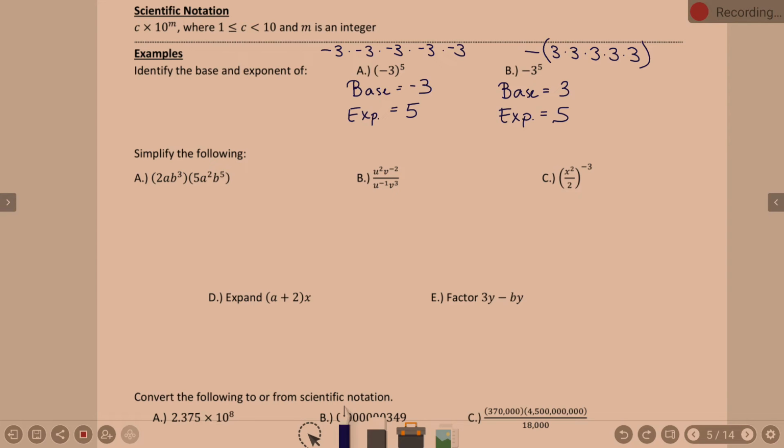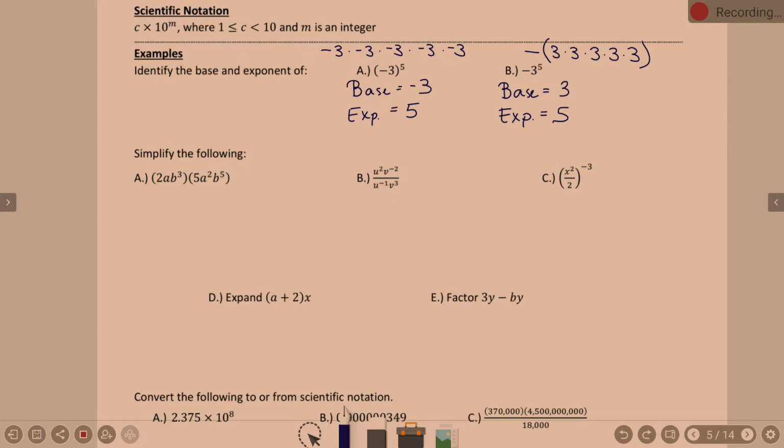Okay, let's apply these exponent rules. So A, 2ab to the 3rd times 5a to the 2nd b to the 5th. We went from some very basic exponent rules on the previous page to, okay, we're going to throw it all together here.